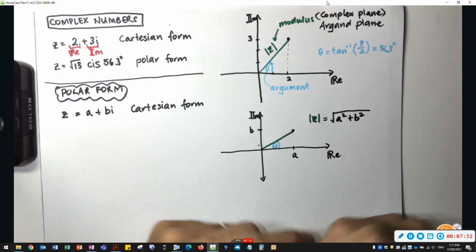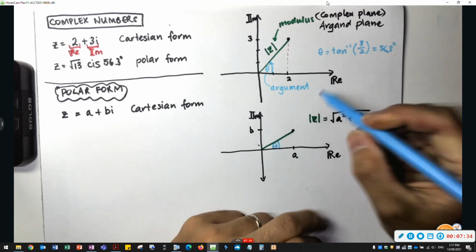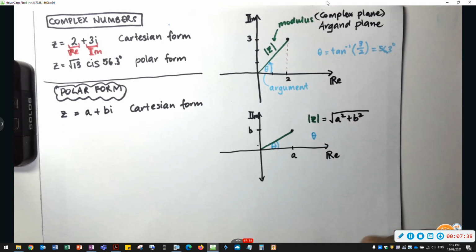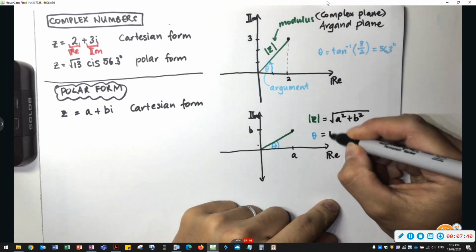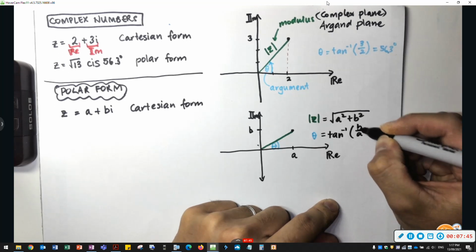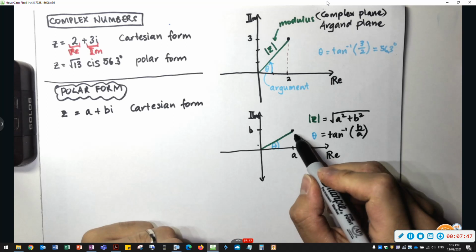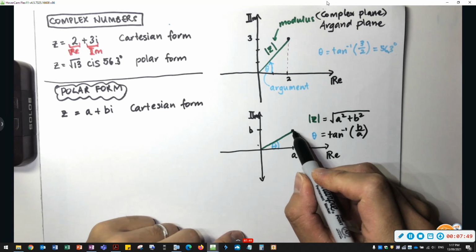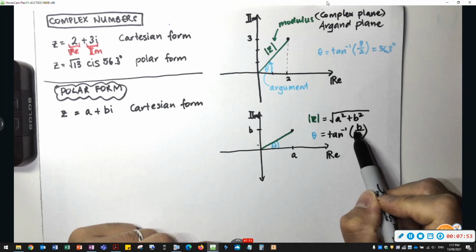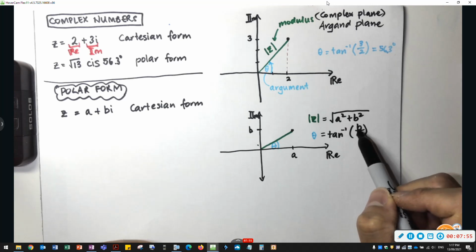Now to get the argument, we can also write a little rule, and that's the tan inverse of b on a. Now be careful if the complex number is in a different quadrant, so maybe it's over here, you do need to use your understanding of the unit circle.